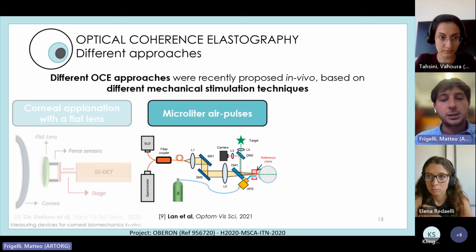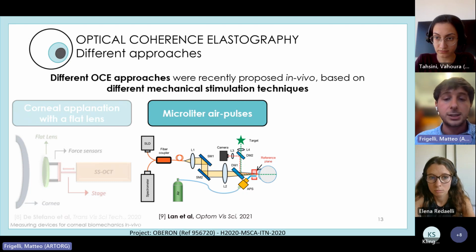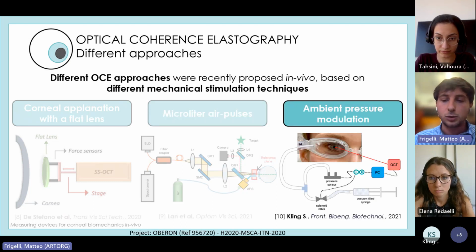The second one relied on microliter air pulses that stimulated the cornea in front of this OCT system. And the third one, which was proposed by my supervisor Sabine Kling, relied on ambient pressure modulation, and is the one that I'm going to explain a little bit further now.